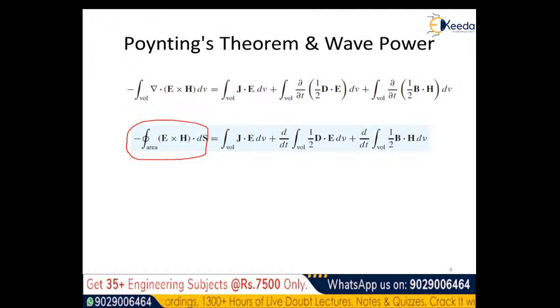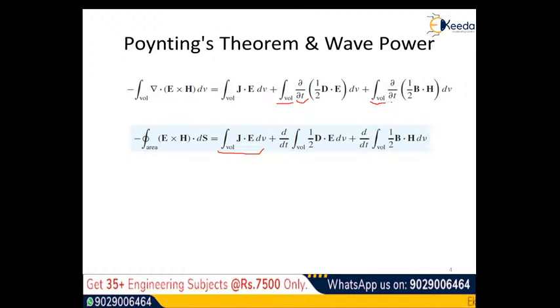Now what we have changed on the RHS: we have kept the first term as it is. In the second term, you see the integral sign first, and then inside it is the partial time derivative. It was the same case earlier, the volume integral, and inside it the partial time derivative. We have taken the time derivative outside.